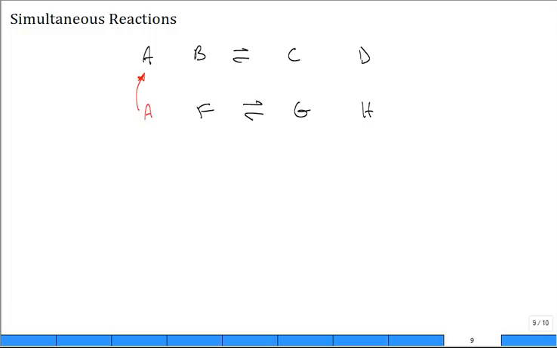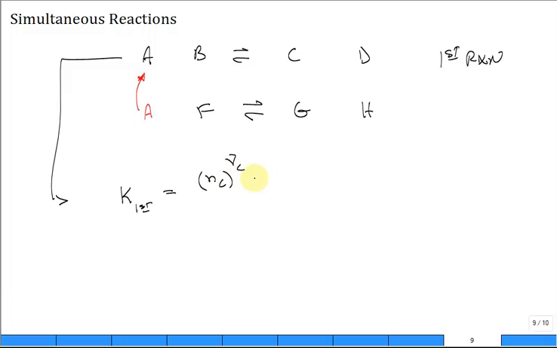So don't lose sight. For each one of these, you'll have an equilibrium equation like K for the first. This would be the first reaction, RXN, is equal to, and then you have your formula like the amount of A, like n sub C to the nu sub C, n sub D to the nu sub D, right? divided by ... And then you'll have the equilibrium constant for the second equation.